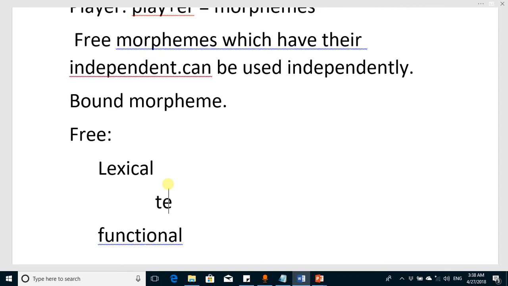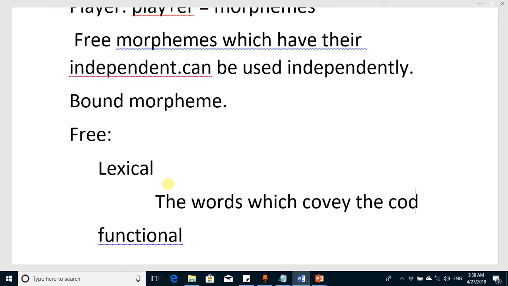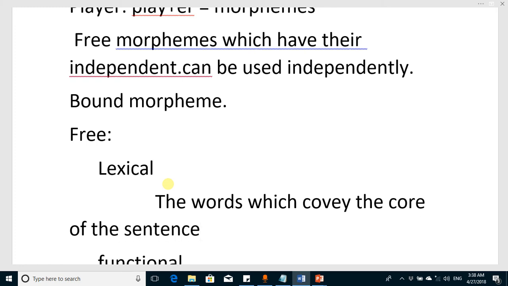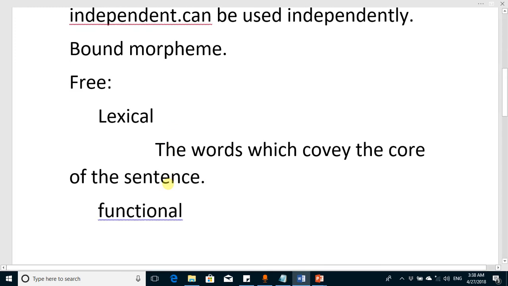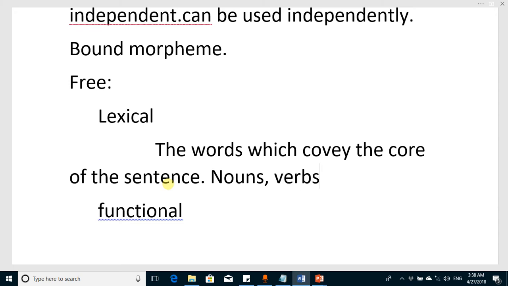The words which convey the core of the sentence are called lexical morphemes. For example, nouns, verbs and adjectives.